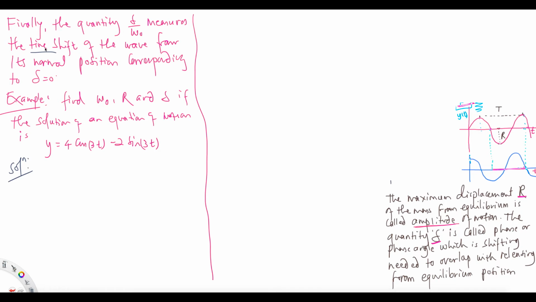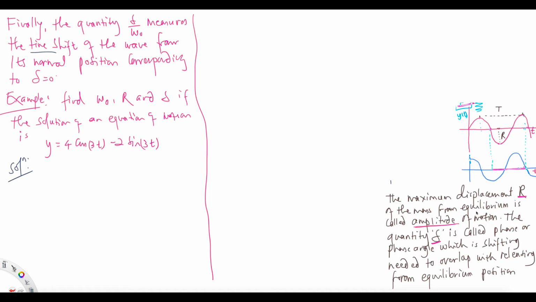It is the time shift of the wave from its normal position corresponding to delta equals 0. So how much time is that difference? If you want to overlap this with that one, how much time before or after should you start?